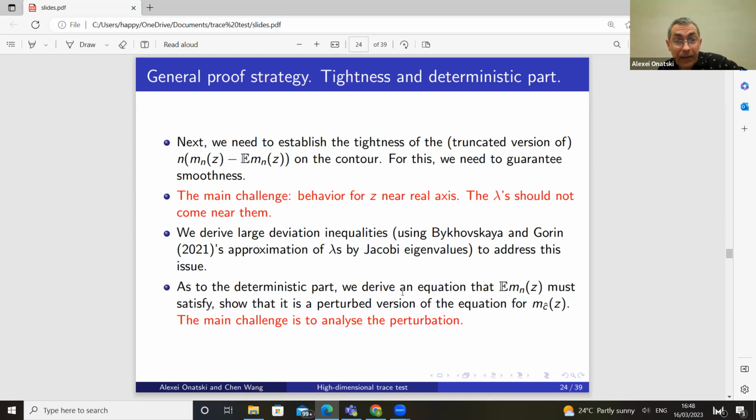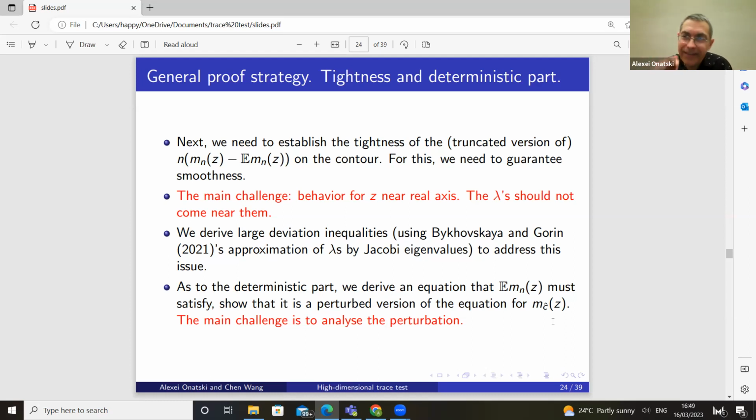And finally, I'm analyzing the deterministic part, which is a different story. I'm first deriving an equation which is satisfied by this expected value of M. Then I'm comparing it with the equation which should be satisfied by my centering constant, and looking at the difference between the two equations and analyzing that difference.